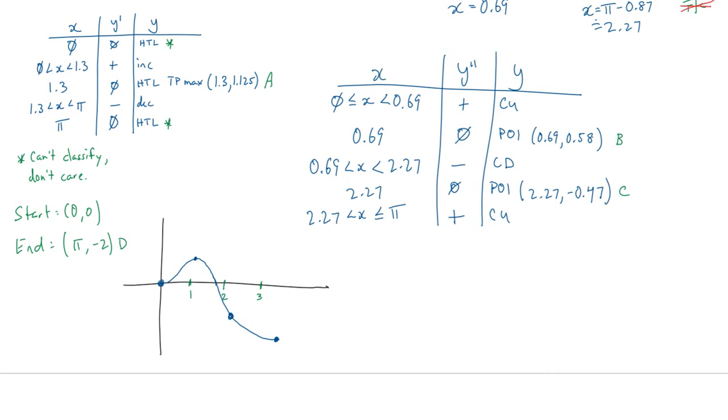Sorry, that's C. This is A. This is my B. There's my C, and there's my D. Okay, and that's at pi and at -2. And that's at 1.125. Anyway, that's good enough for now.